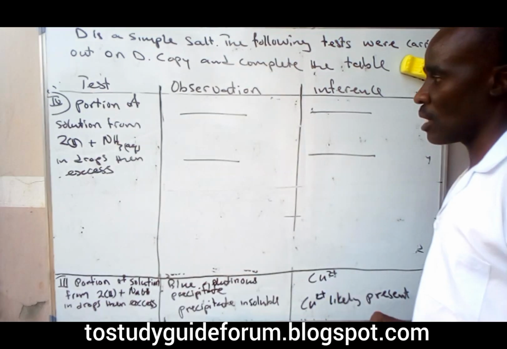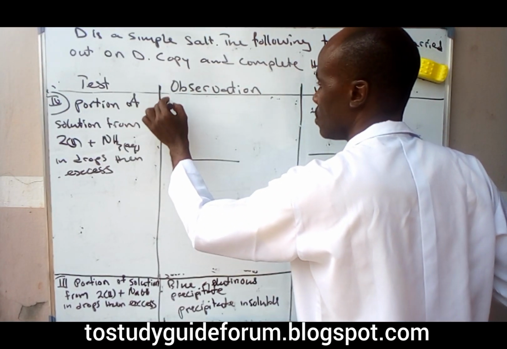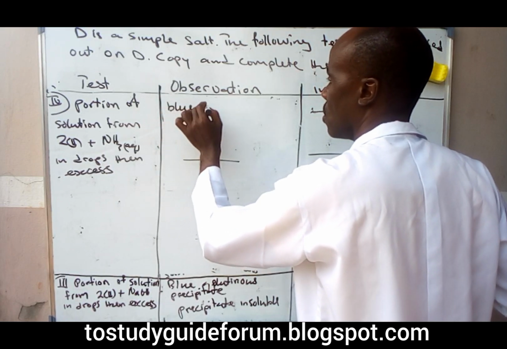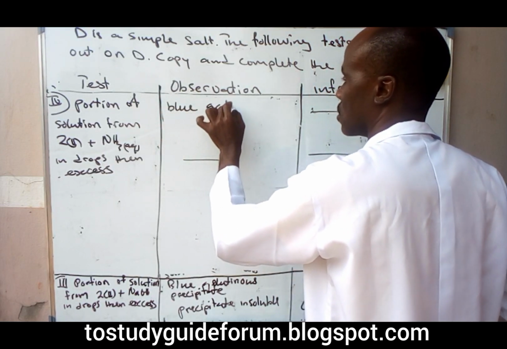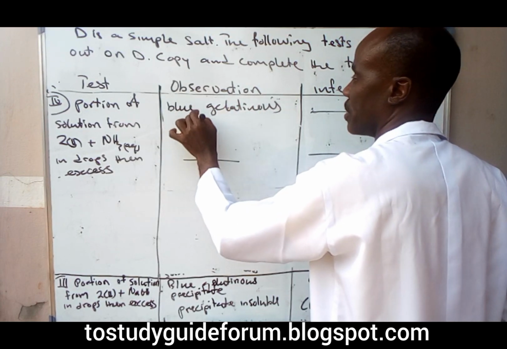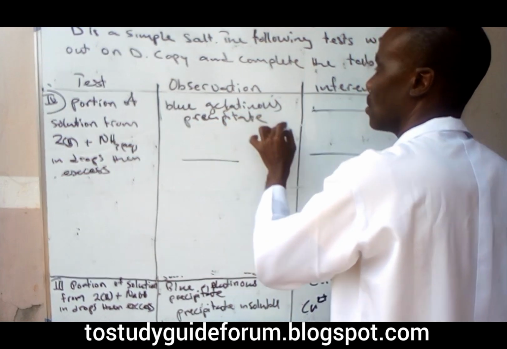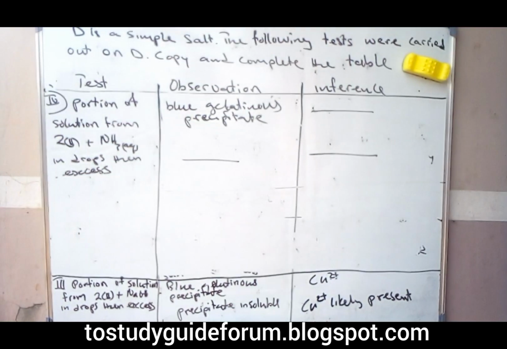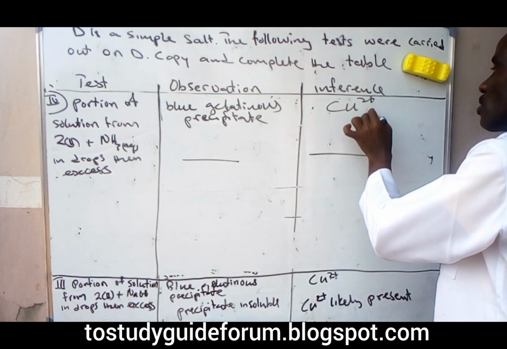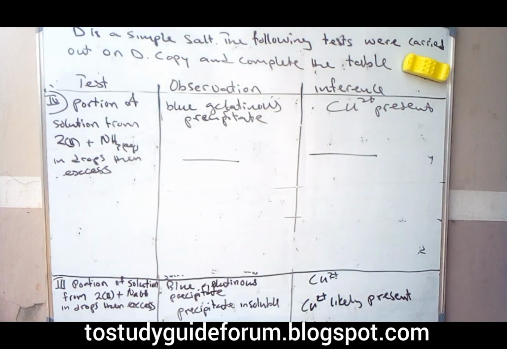If you add aqueous ammonia in drops, what we have is a blue gelatinous precipitate, telling us that copper II ion is present.